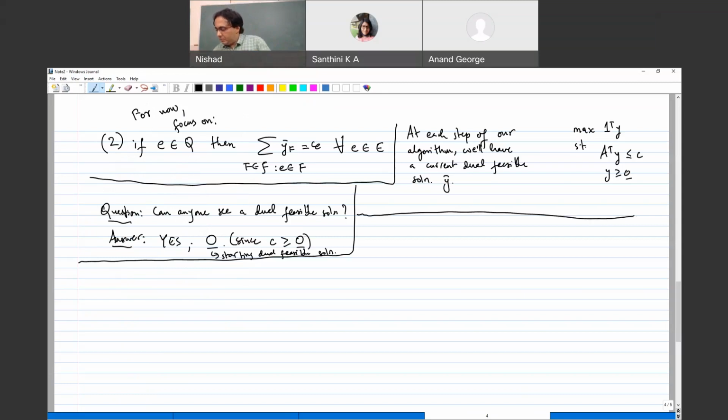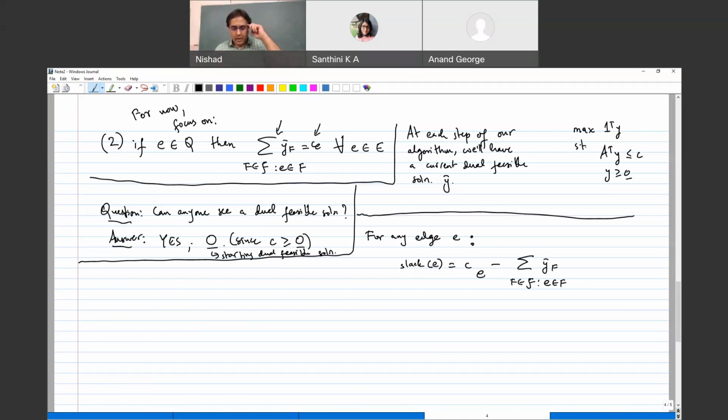So for any edge E, we will define the slack of that edge. The slack of the edge E will be exactly the cost of the edge, the right hand side here, minus the left hand side, the summation of the labels of all the cuts that contain that edge.